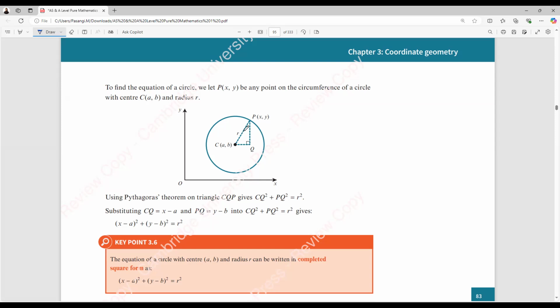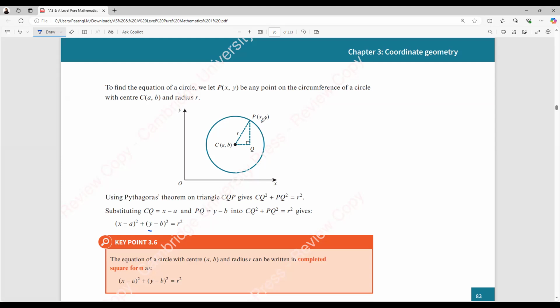Here the r value is the distance between the point P and the point C. So using Pythagoras theorem on the triangle, we can calculate CQ squared plus QP squared equals CP squared. That means r squared, by substituting all these values.